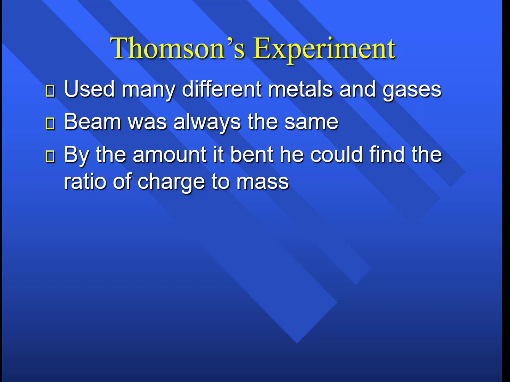So if you take the charge and divide it by the mass, you can get a number. Now, that's all he could measure, because how fast something turns is affected by two things: how fast it's moving and how heavy it is. If something is light, it is easy to turn. If it's going fast, it's hard to turn.